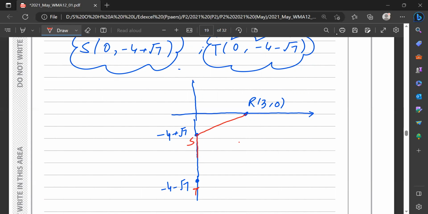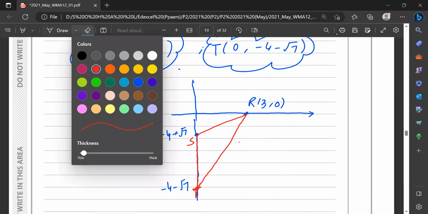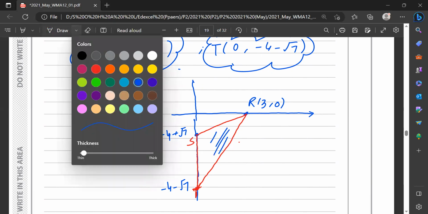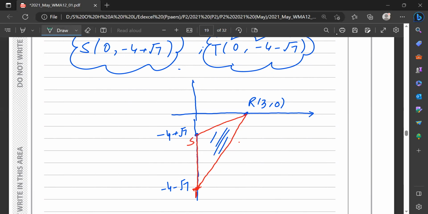This is the triangle whose area is required. So this triangle has the points R, S, and T. Using the formula for the area of a triangle, half into base into height, this side can be taken as the height, 3.